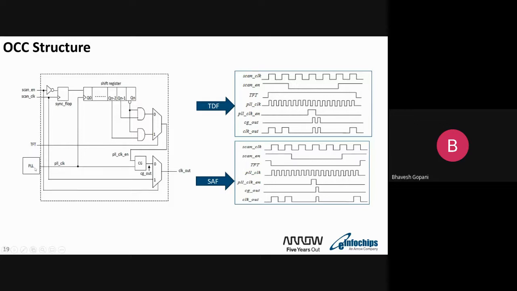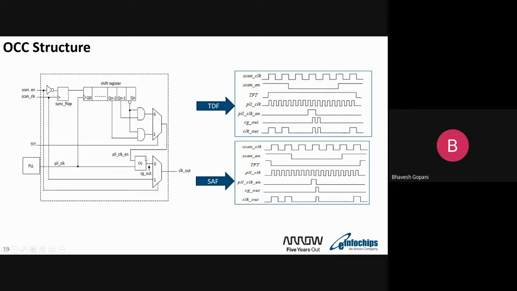The PLL is again one IP, and it will generate the fast clock as expected based on the PLL programming. Once the PLL programming is done, we have the clock at the OCC input. The PLL is a free running clock, as we can see in this wave, so it is always an input to this, and this is the clock gater cell.